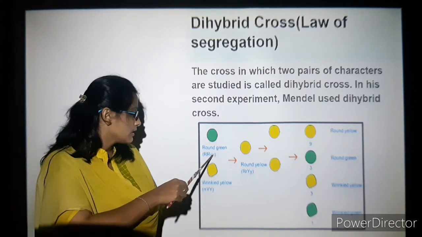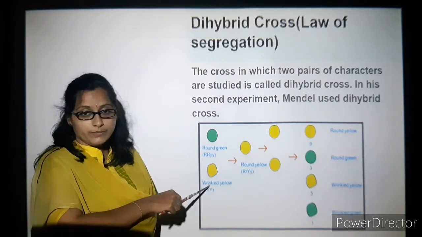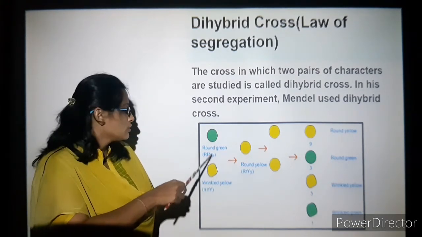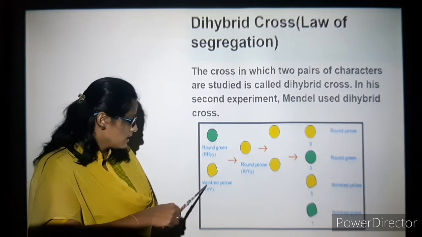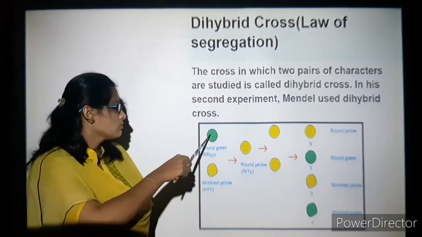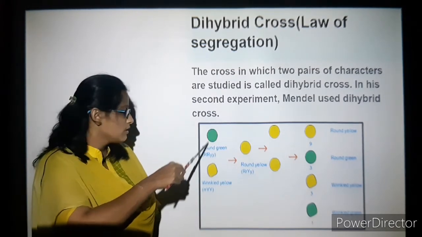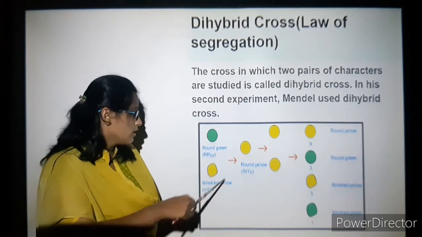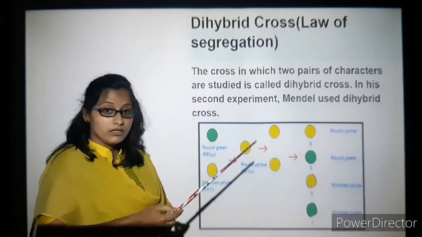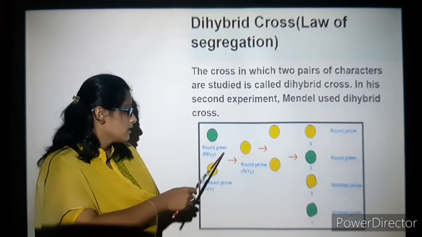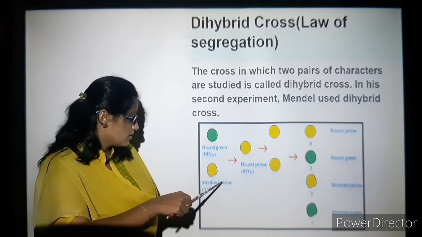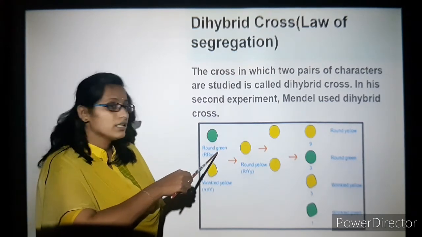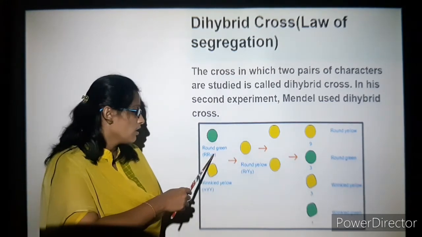Wrinkled we have written here. So the round character goes with wrinkled. Round is dominant, so big R, and wrinkled is recessive, small r. Here yellow is dominant, so you can write it as big Y, and green is recessive here, small y.